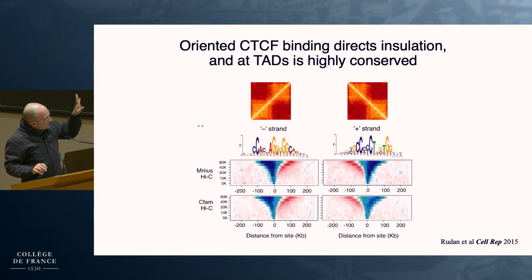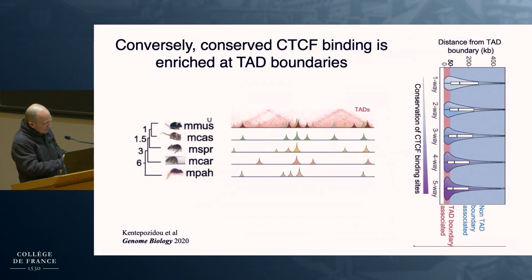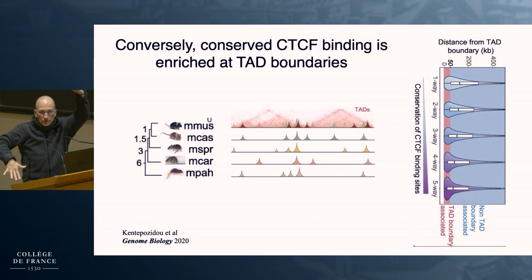So this paper was one of the first two reports of the orientation of CTCF binding mattering for its function in TAD insulation. And then the final point is, by using closely related mouse species and mapping CTCF at extremely high resolution, one of the things that we're able to do is a base-by-base alignment of the genomic information, which is virtually impossible when you're looking at mouse and dog, for example, because the divergence is so great.